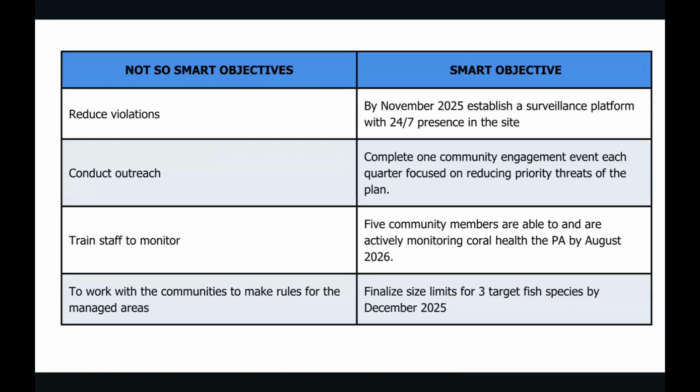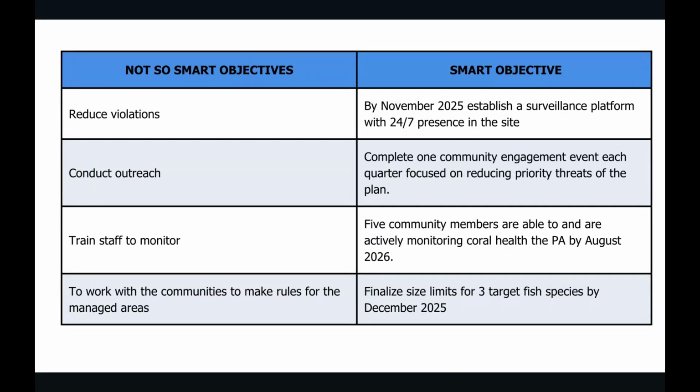And here are some examples of some not so SMART objectives versus SMART objectives. So we'll just look at a couple here. So you might say reduce violations. So that's not really specific. It's not very measurable and time oriented, by when, by how much.